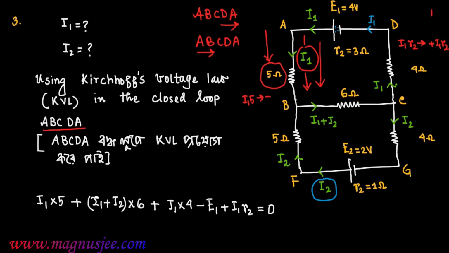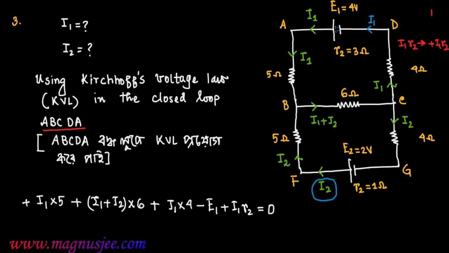That's why the potential difference across the 5 ohm resistor, that is I1 into 5, will be plus 5I1 in the closed loop ABCDA.